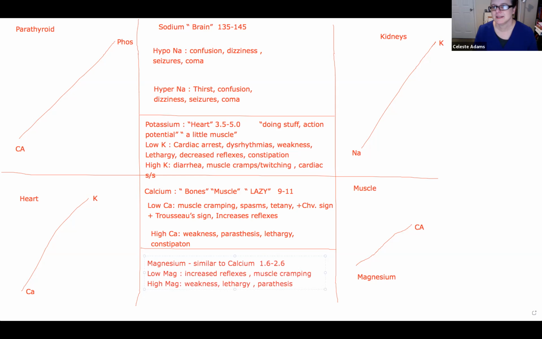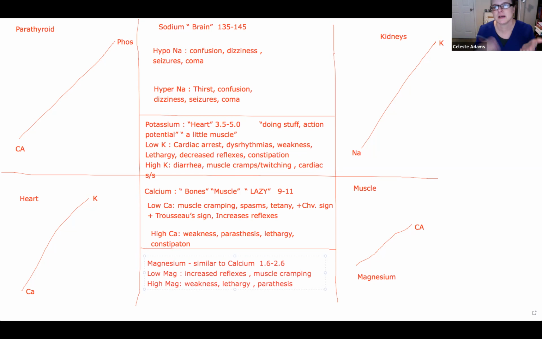Semi. So I've seen a lot of people write this on their test when they get it. They make that grid. They remember where the electrolytes are balanced, because that will also help you on the test to see they're balanced in the kidneys.